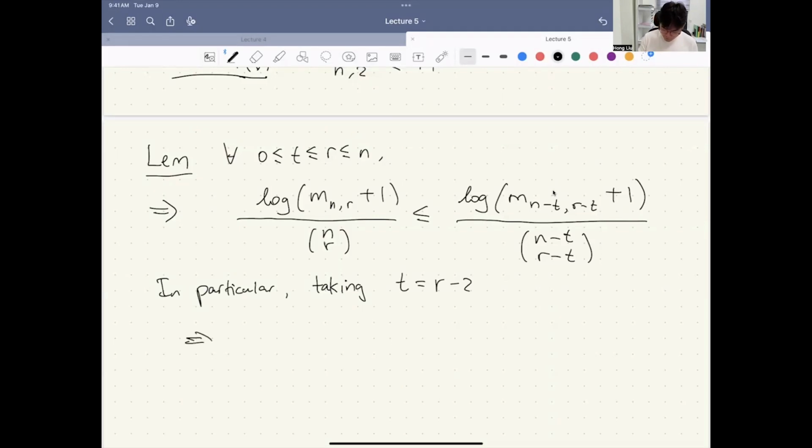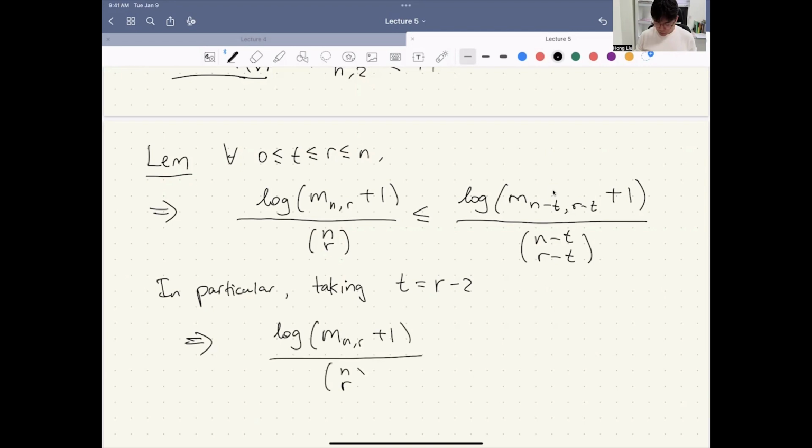We have log Mnr plus 1 over n choose r is at most log of M(n minus r plus 2, 2) plus 1.